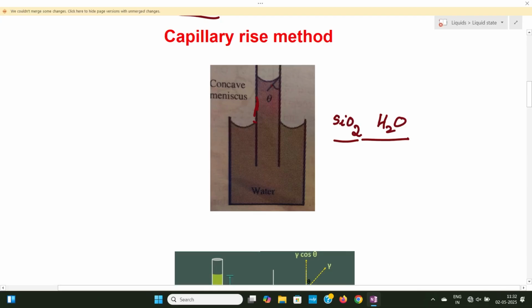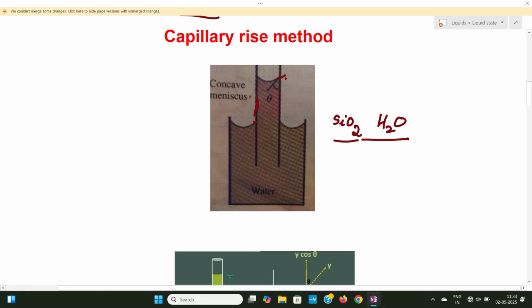Then, this is the angle formed by the glass and the curved surface. The angle between the curved surface and the glass is called the contact angle, that is theta. If the capillary rise happens, this theta will be less than 90 degrees.